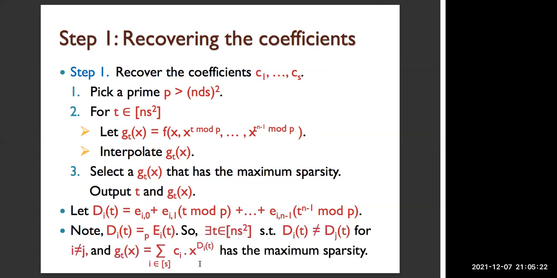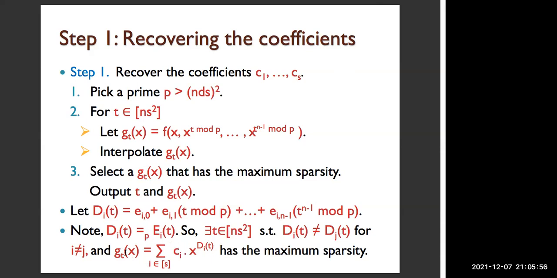Fine. So now, because we know that there exists a t such that e_i(t) and e_j(t) are not equal modulo p, that also means that d_i(t) and d_j(t), as integers, no longer mod p, must be not equal. Because if they were equal, then they would also be equal modulo p, and that would contradict the fact that e_i(t) and e_j(t) are not equal modulo p, because d_i(t) and e_i(t) are equal modulo p.